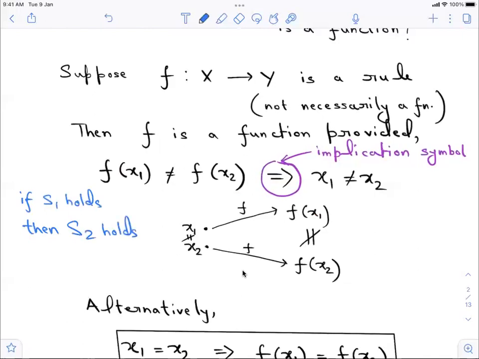Okay, so if we have a scenario like this, then we say that S1 implies S2. Okay, that's how implication works. So S1 implies S2. For example, if n is a natural number, then n is an integer.